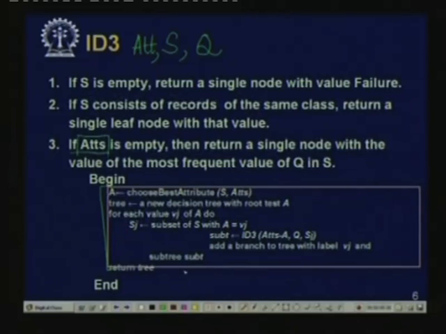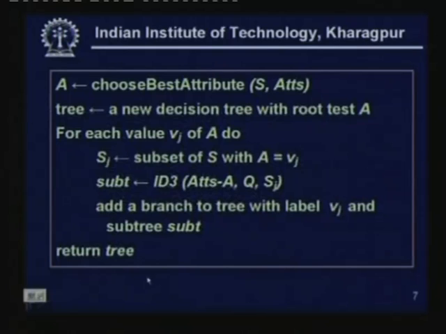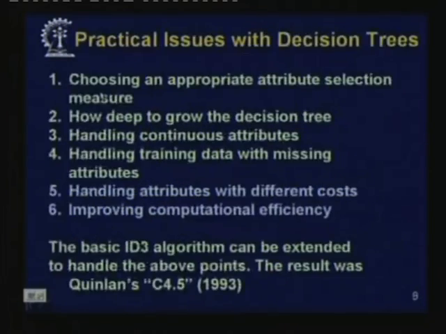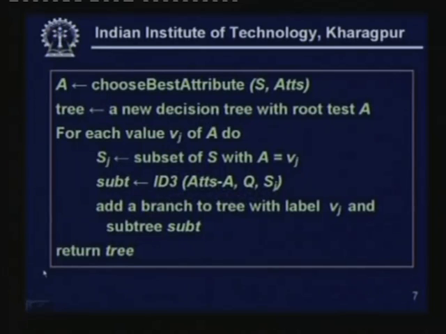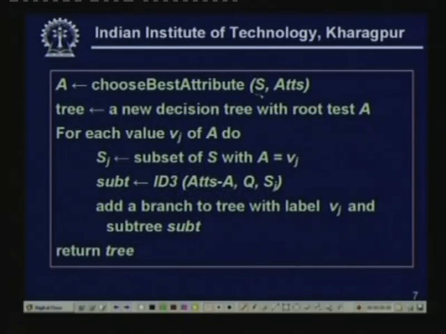We also stop if S is empty. And then otherwise, if these conditions are not satisfied, we choose the best attribute A by looking at the examples S and the attributes left. And then we branch on that attribute and grow a decision tree recursively.